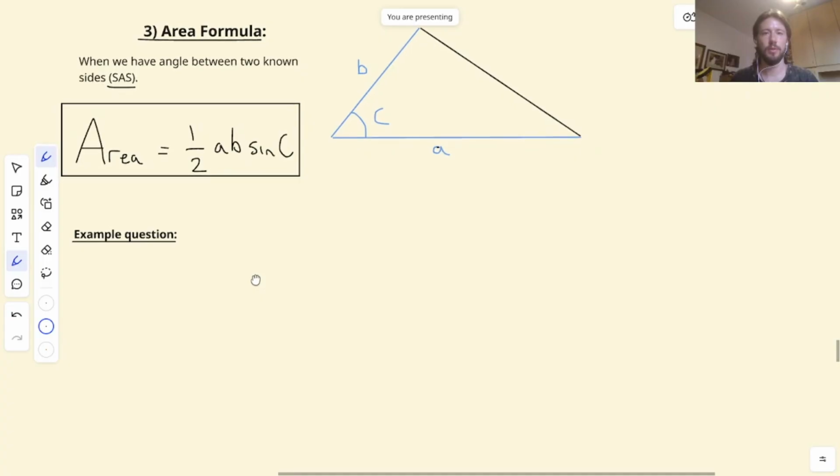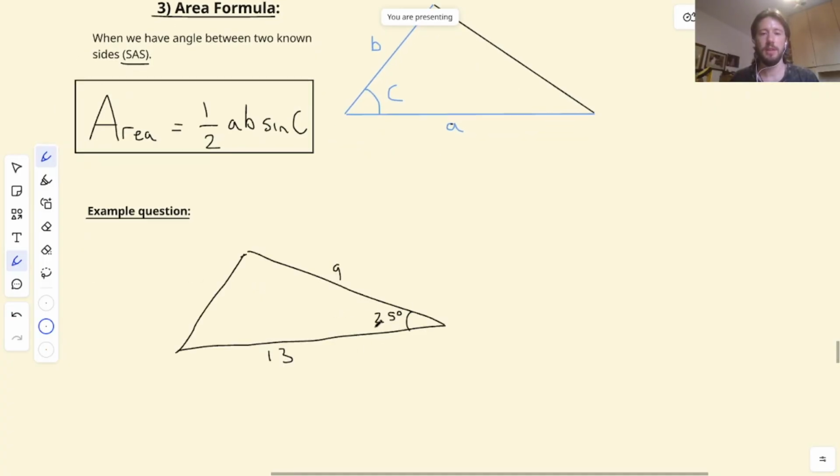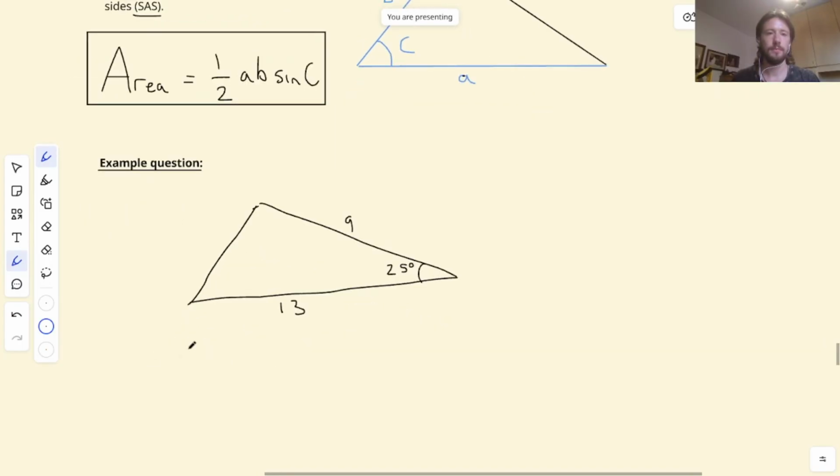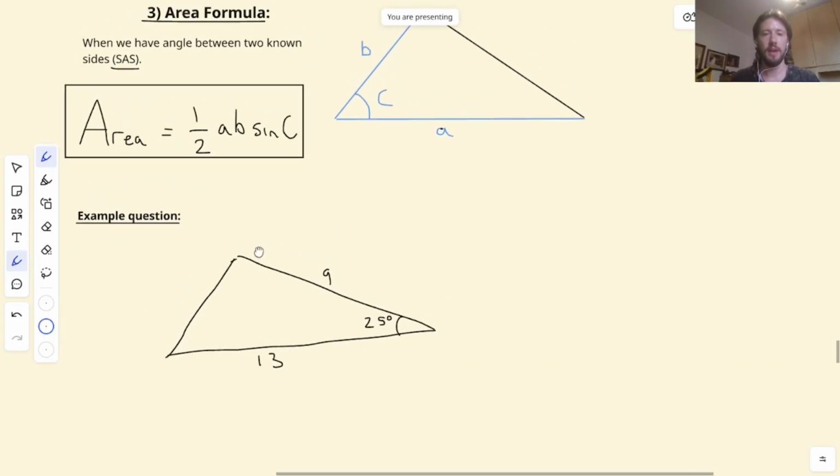Let's go through an example question. Can we find the area of this triangle? Feel free to pause the video and see if you get the answer right. So, as with all the formulas, we just have to identify which quantities are which.